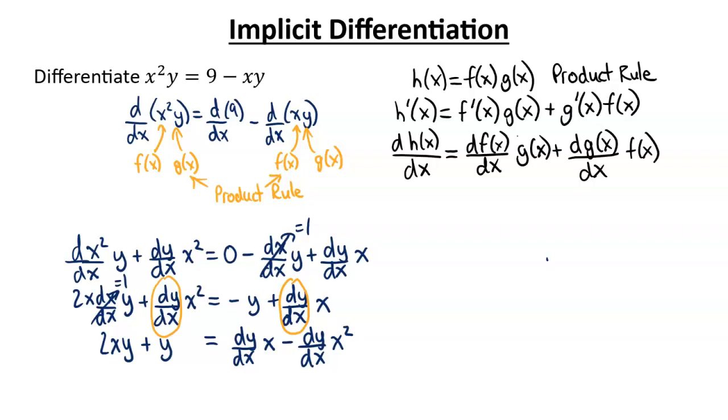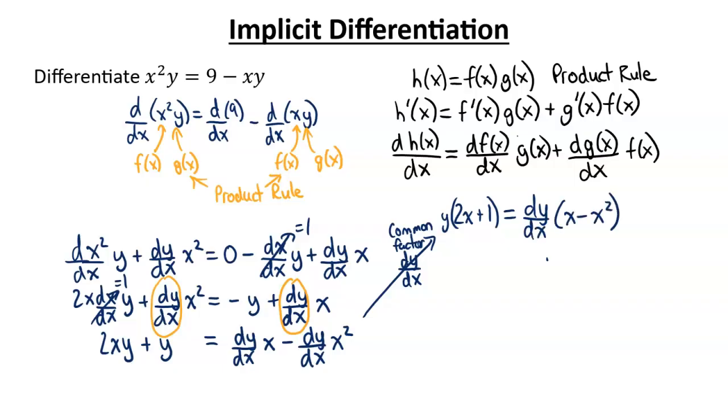So now I'm going to common factor out the dy over dx's, but let's common factor on the left side as well. So let's apply the common factoring on both sides of the equation. I'm going to common factor out a y on the left side, and I'm going to be left with 2x plus 1. And on the right side, I can common factor the dy over dx, and I'm left with x minus x squared.